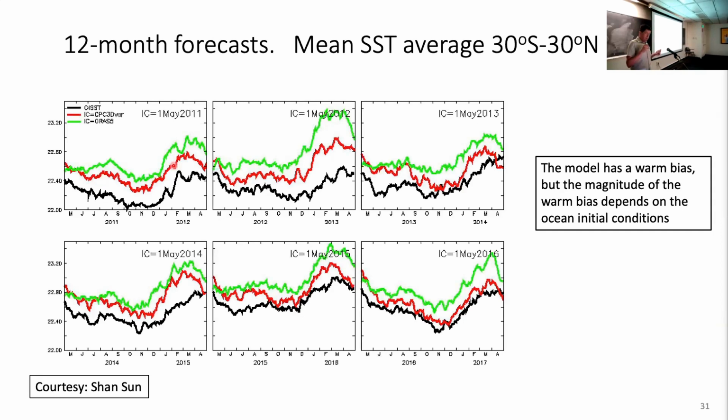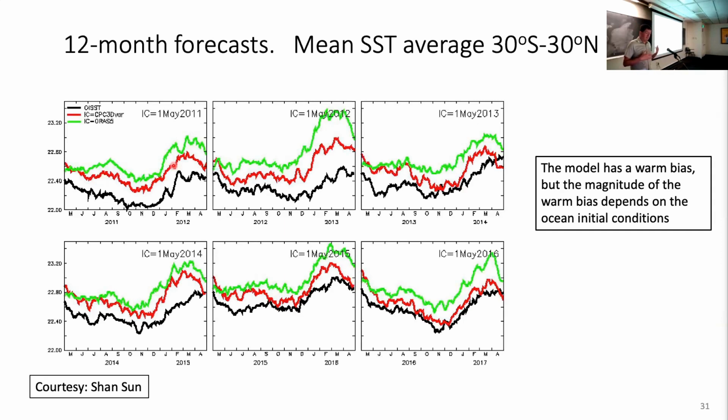Again here, the model has a warm bias, and pretty much in all of these runs the colored lines are above the black. That means the model's too warm. The red line is the initializations where the ocean conditions are produced by CPC, and the green is from the European Center's initial conditions.